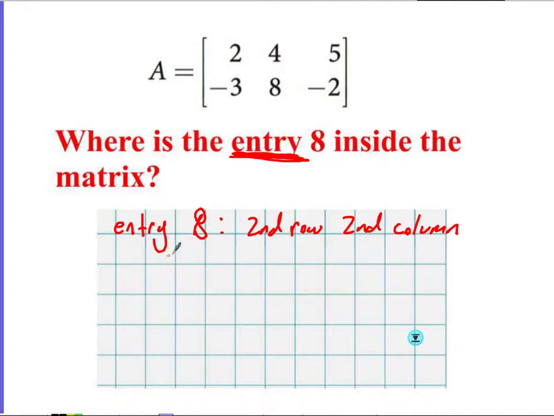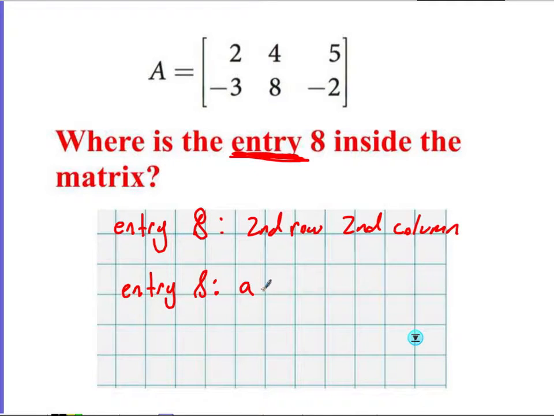What I'm going to do, in order to write a simpler way of finding the address, is entry 8. Notice that this matrix is represented by a capital A. So when I'm describing an entry inside the matrix A, I'm going to use a lowercase a, and I'm going to use two numbers.